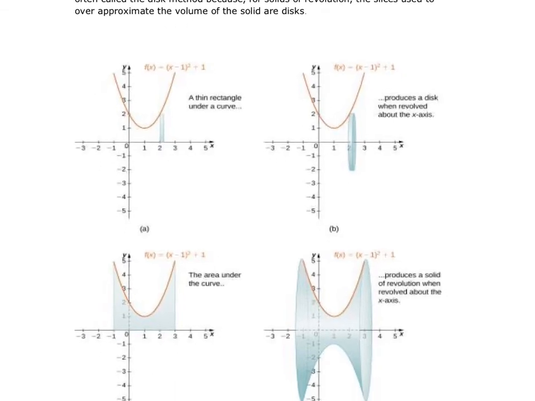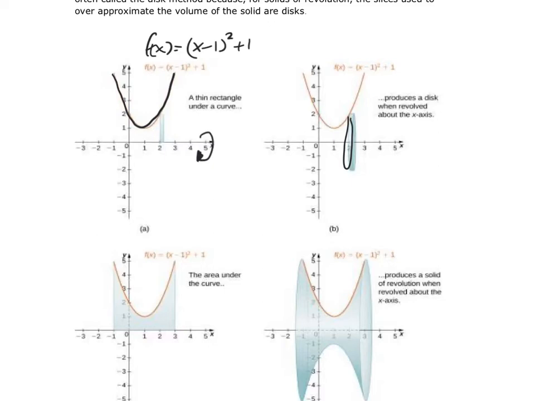So in particular, if I have f of x equals the quantity x minus 1, squared, plus 1, then here's my graph. If I revolve it around the x-axis, then I'm going to get all of these disk shapes, and eventually I get this, I don't know, almost weird funnel.